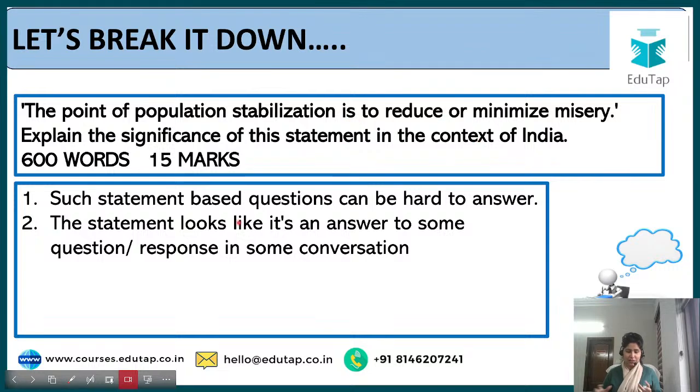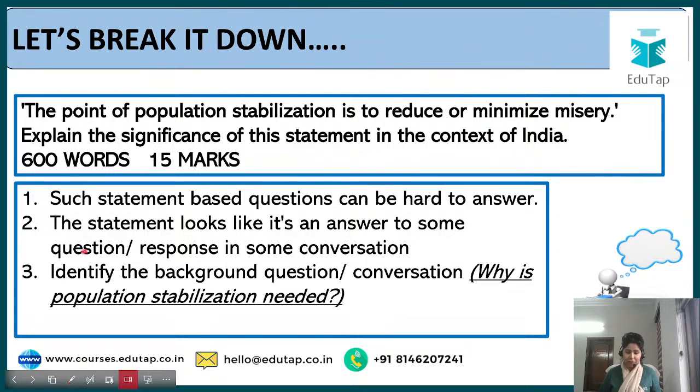That is your one-line answer. Hence, the question that was happening in the conversation behind was, why is population stabilization required in any country? So what you have to do in such statements is identify the background question or conversation. In this case, why is population stabilization needed? This is your real question.